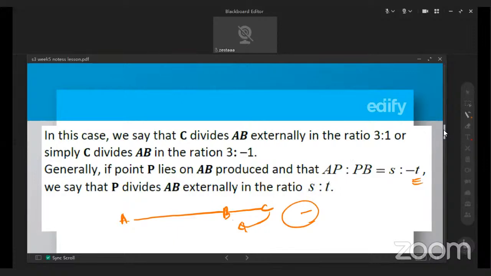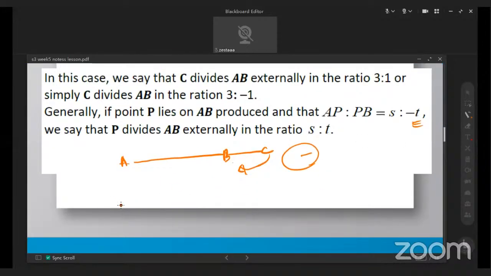Now, in summary, when you look at the ratios, when does it become a positive and when does it become a negative? It is positive when you are going in the direction AB, meaning you're moving from A up to B. But if you say BA, this will be a negative, because you are moving in the opposite direction.